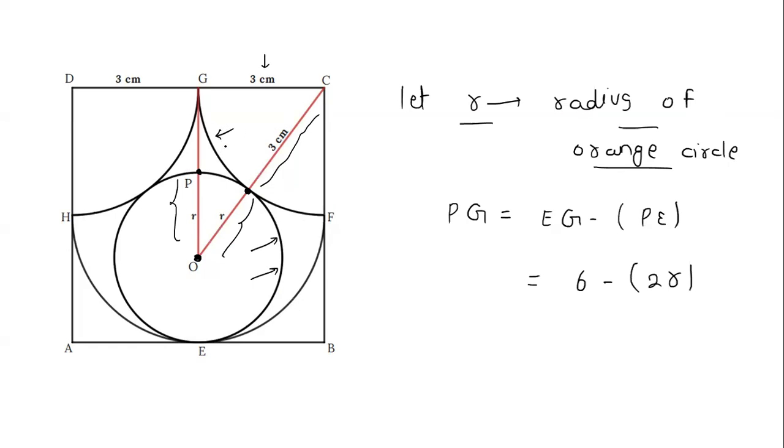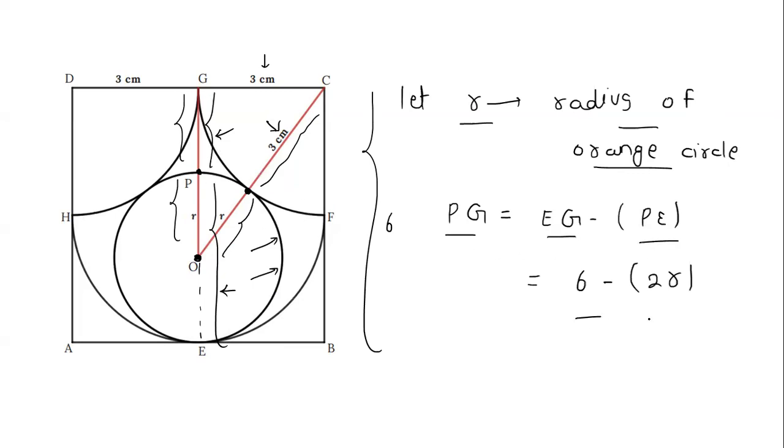So this distance is also 3 centimeters. Now we can calculate this PG length. We know this whole length EG is 6, and PE is the diameter of this circle, which is 2 times the radius. So PG is EG minus PE, which is 6 minus 2R.